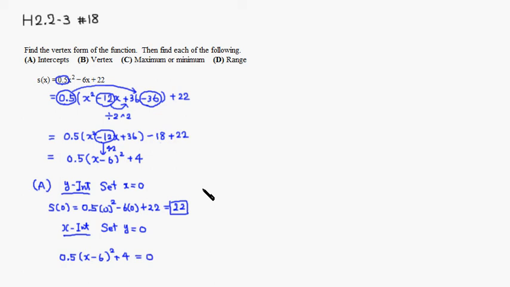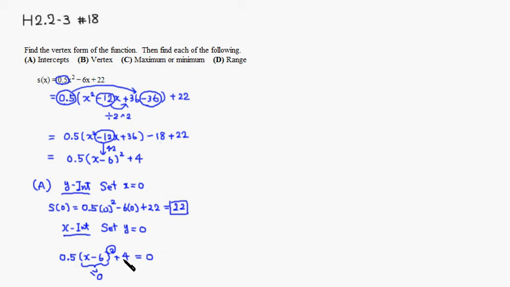Then if you look carefully, this equation will not have any real solution. You can see that here, this quantity is x minus 6 squared. Because of the square, this is never negative, so non-negative. Multiply by 0.5, it's still non-negative.